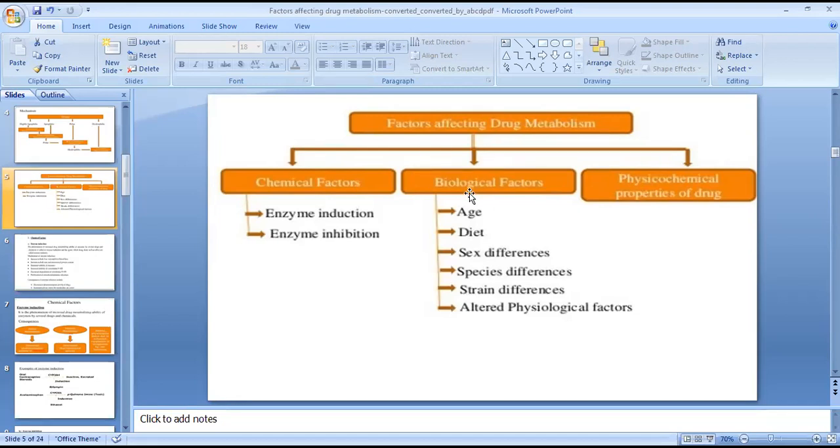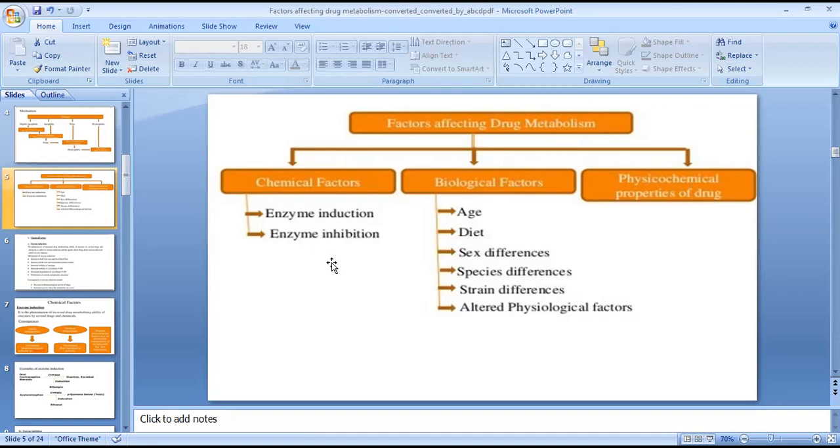So they are going to affect drug metabolism. Now, what will be the effect of enzyme induction on drug metabolism? We all know the liver is the main site for the metabolism of the drug molecule, and besides the liver there are other sites involved, those are placenta, skin, lung. But in the majority of cases, the liver plays the important role in the metabolism of the drug molecule.